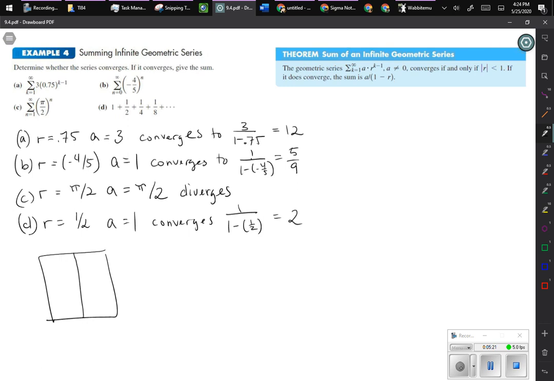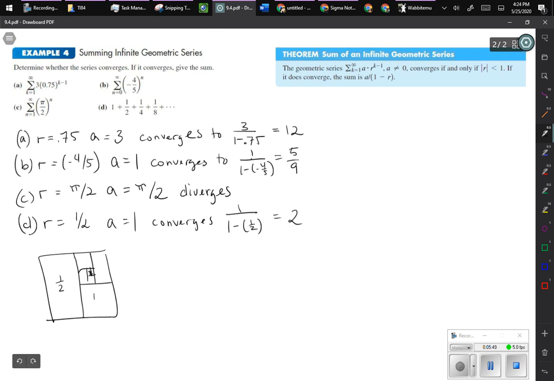So I know half plus then a quarter plus an eighth plus 1/16 plus 1 over 32 plus 1 over 64 plus 1 over 128 plus 1 over 256 plus 1 over 512 plus 1 over 1024, right?